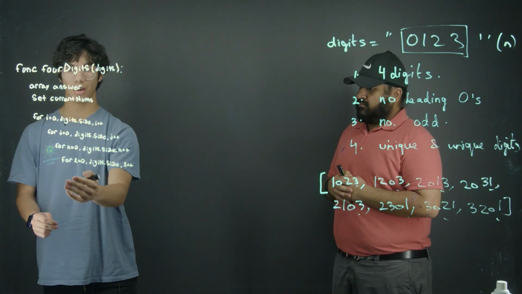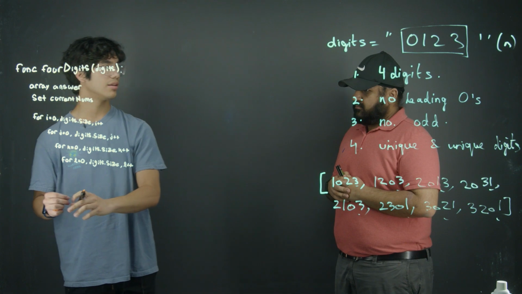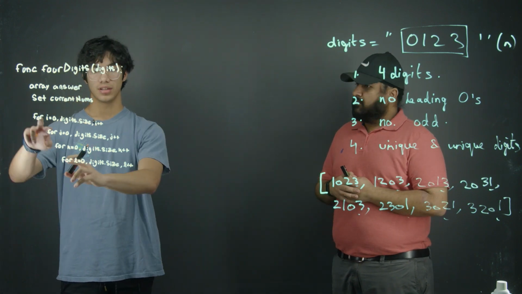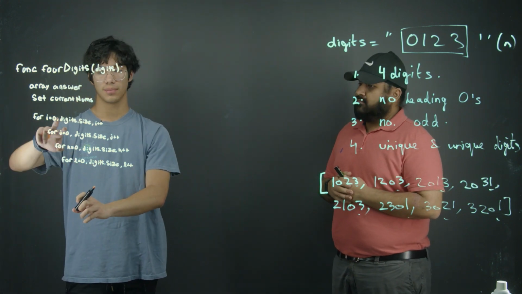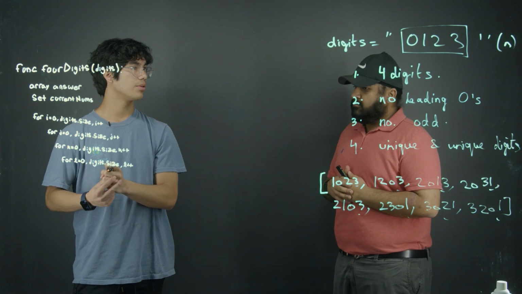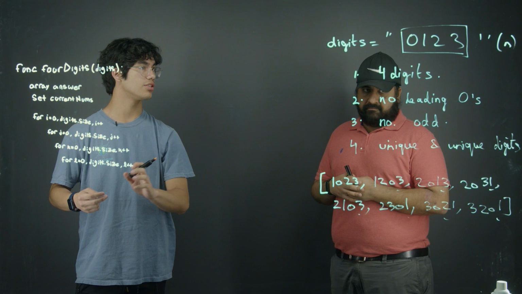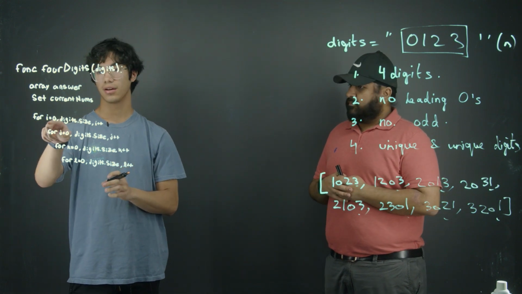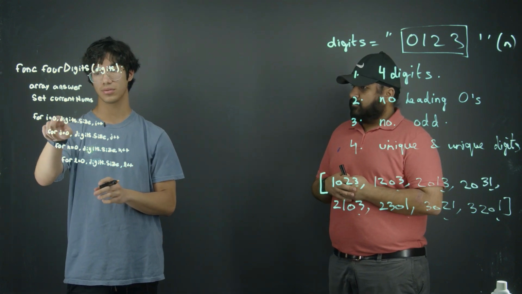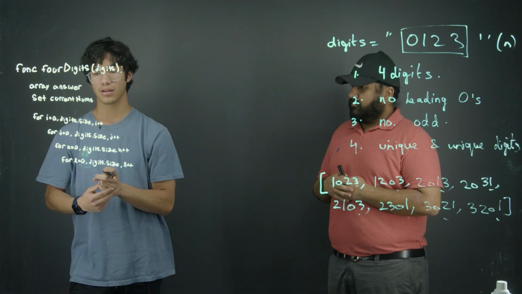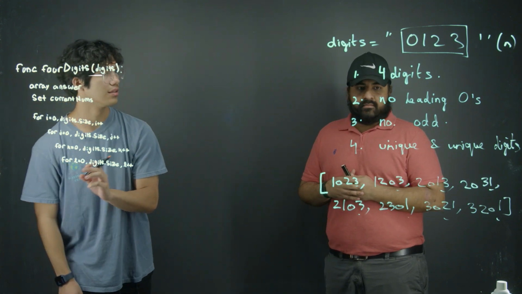So now we're in this for loop, and we know that it's going to be 4 digits since we have these 4 indices. And then we're going to want to check if these 3 conditions are satisfied. So first we're going to check, is this leading digit, which would be led by i, a 0?